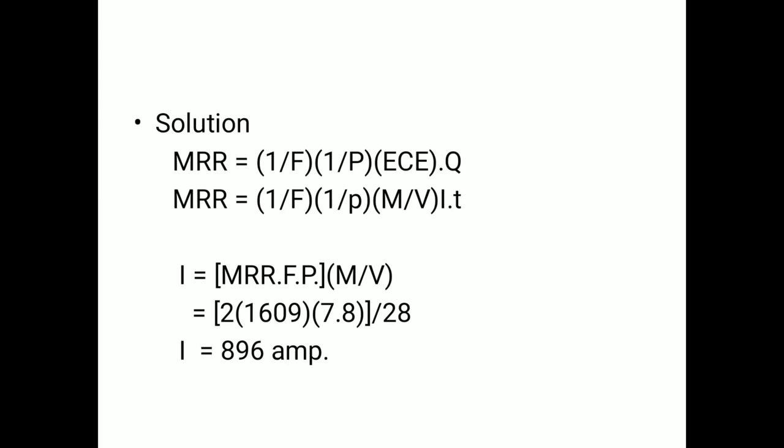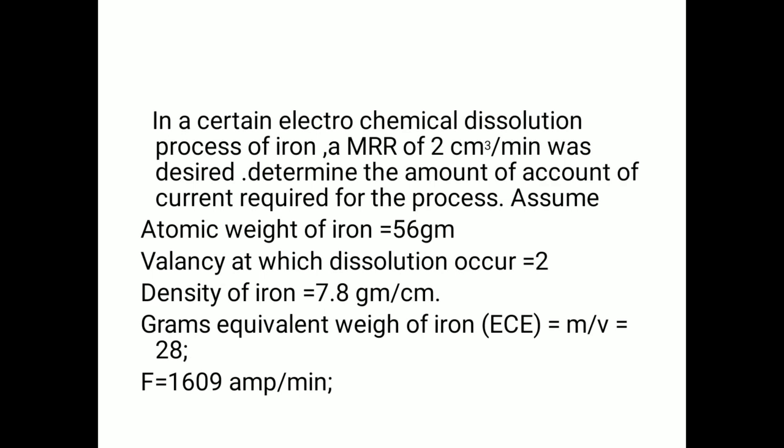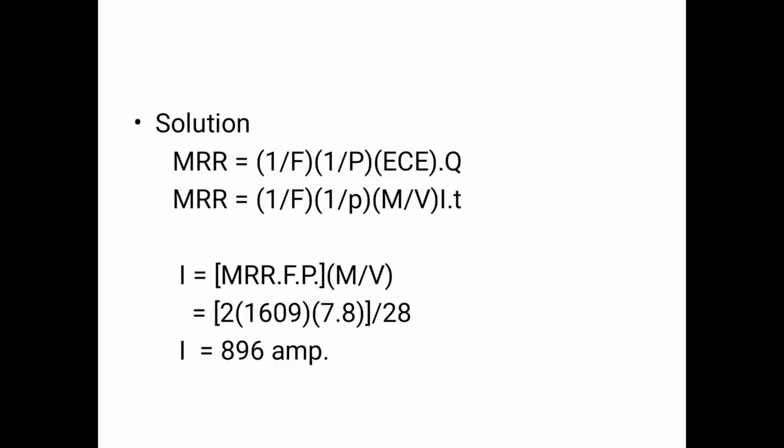So we have to find out how much current, that is I. So rearranging the above equation, current I is equal to MRR into Faraday's constant F into density of iron divided by M by V, that is ECE, grams equivalent weight of iron.